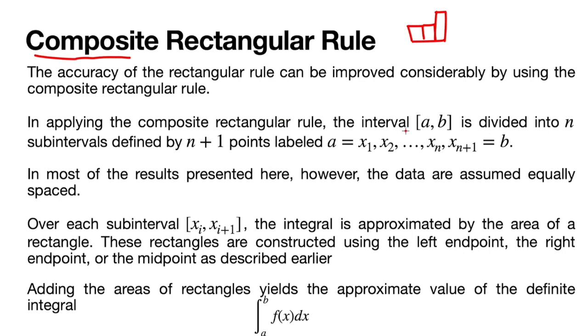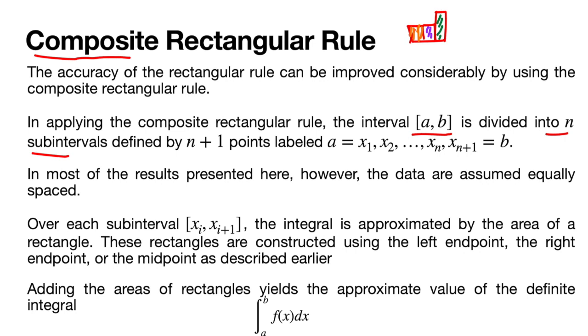What we will do is, the same interval a b will be divided into n sub-intervals. If there are n sub-intervals, there will be n plus 1 points. You can see that these are three regions, three sub-intervals, colored orange, purple, and green.